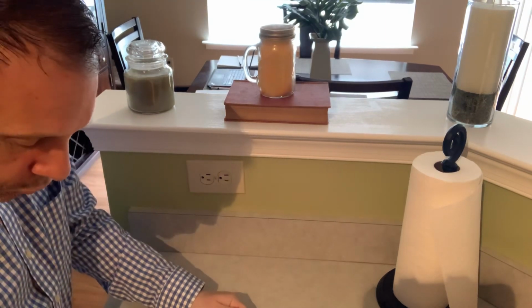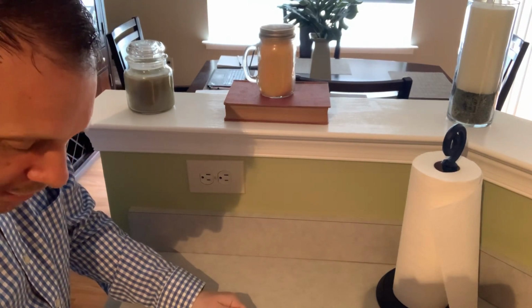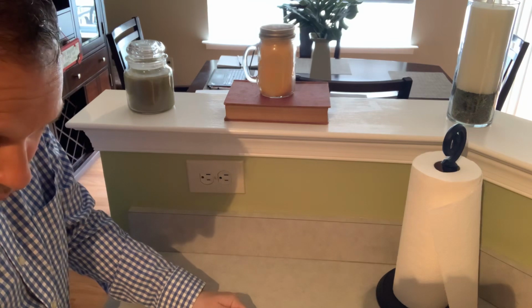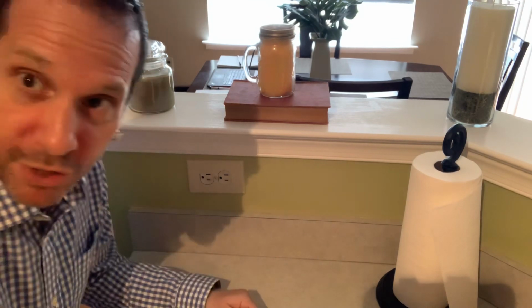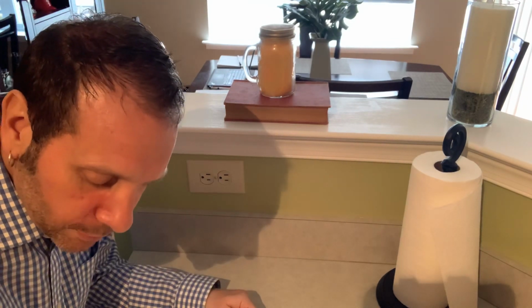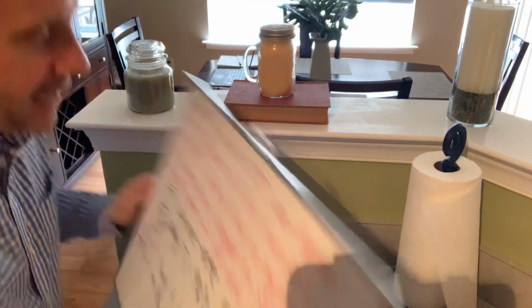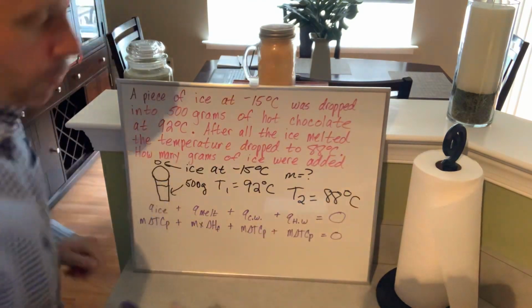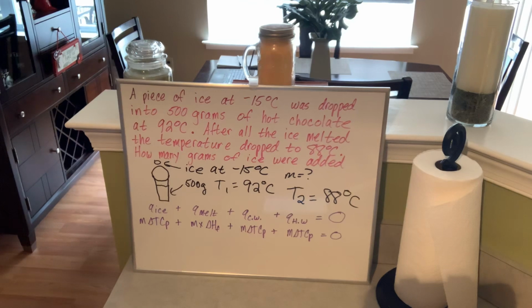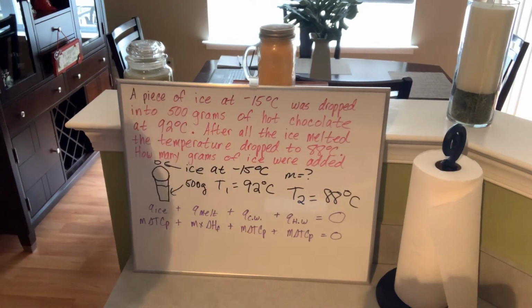So let's assume that since the hot chocolate is mostly water, we will assume it to have the same specific heat capacity, or Cp value, that water does, okay? Now let's plug in the things that we know.